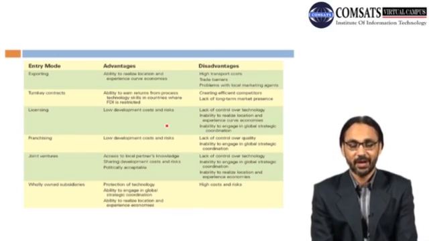The third entry mode is licensing: low development cost and risks, but lack of control over technology, inability to realize location and experience curve economies, and inability to engage in global strategic coordination. Franchising is the fourth mode: low development cost and risks. And what are the disadvantages of franchising? Lack of control over quality, and inability to engage in global strategic coordination. Joint ventures: access to local partners' knowledge, sharing development costs and risks, politically acceptable.